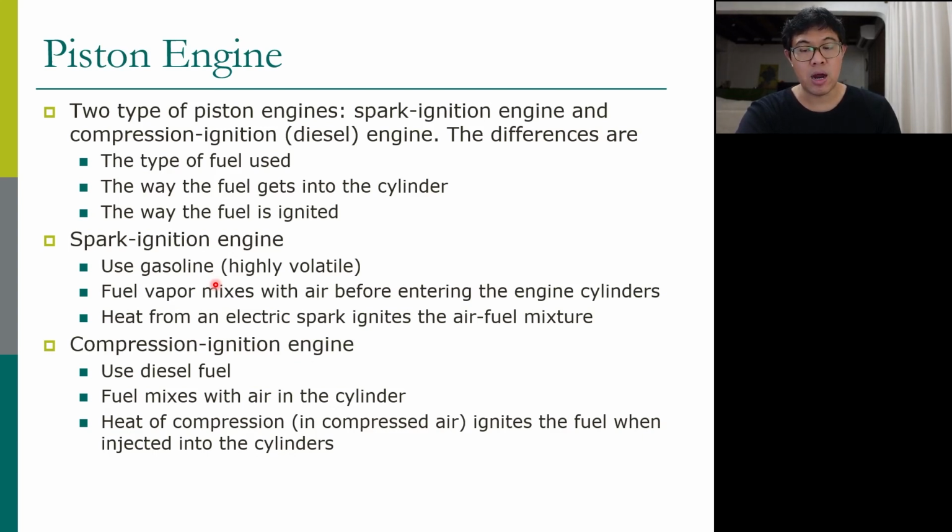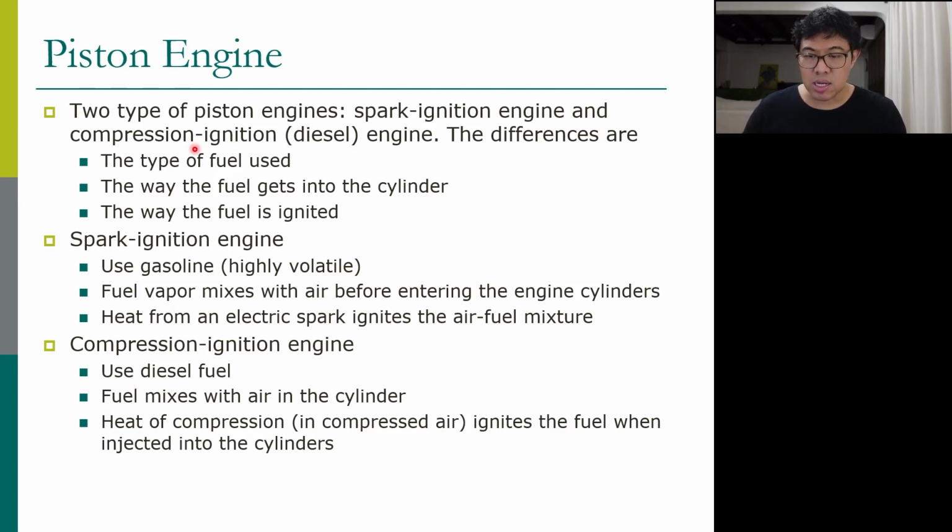This fuel is highly volatile, which means it vaporizes very easily and very quickly. For the CI engine, we use diesel fuel. Diesel is quite different from gasoline. It has a higher number of carbon atoms than gasoline, therefore it is thicker and does not vaporize very quickly. So that's diesel fuel.